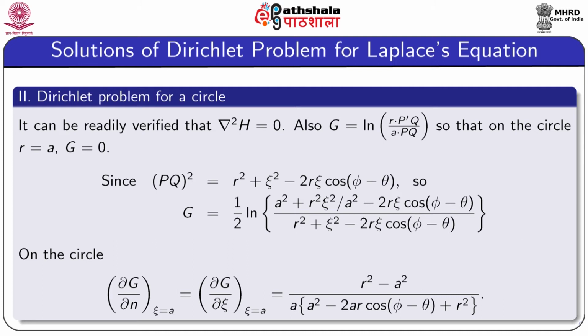So, del G del n at xi equals a is equal to del del xi of G at xi equals a, and it can be computed from the derived expression of G, and its value becomes (r squared minus a squared) divided by a into (a squared minus 2ar cos(phi minus theta) plus r squared).